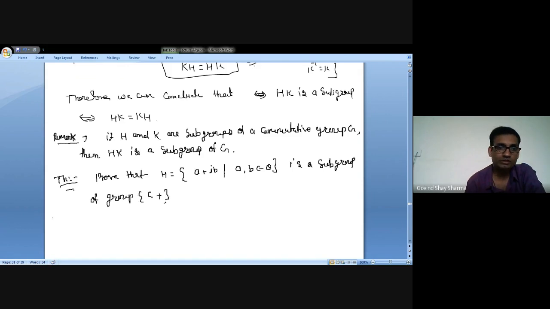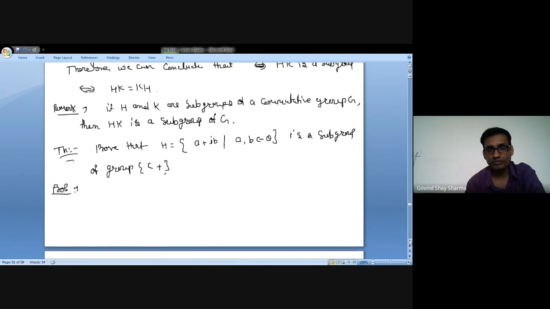C plus means complex numbers. H is the set of a plus iota b where a and b belong to rational numbers. Then this is a group, a subgroup of C plus.